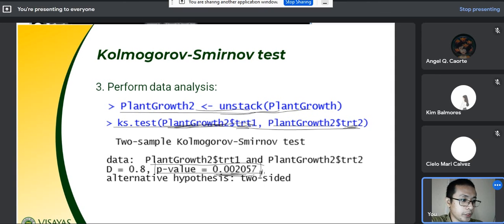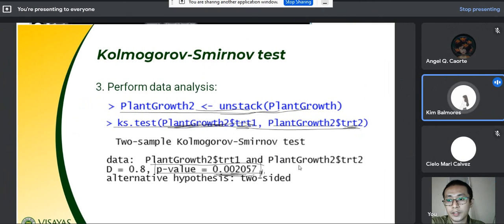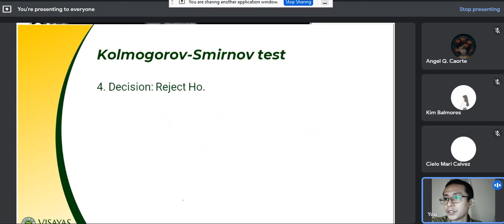Reject the null hypothesis. Okay, so we compare 0.05 to 0.002. In that case, the p-value is really smaller, class. Since the p-value is smaller, well of course, the decision is to reject our null hypothesis.